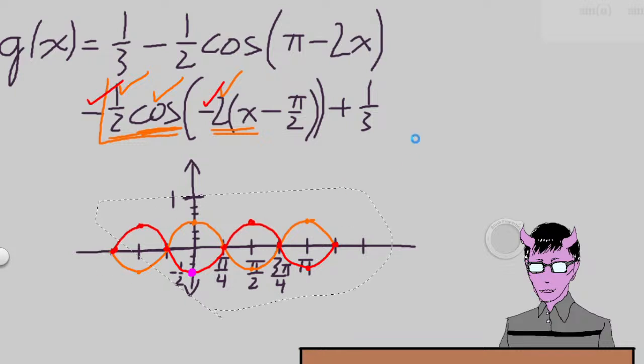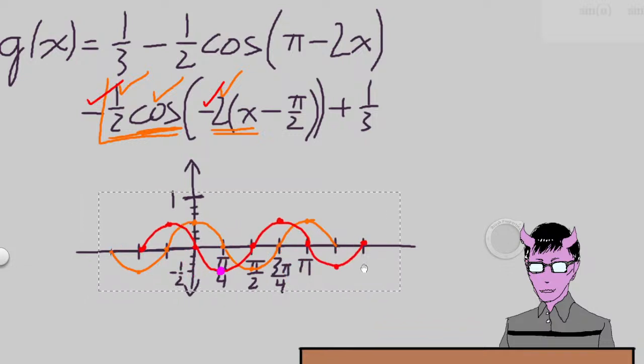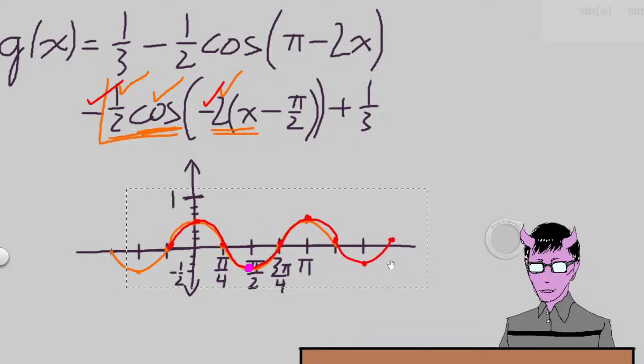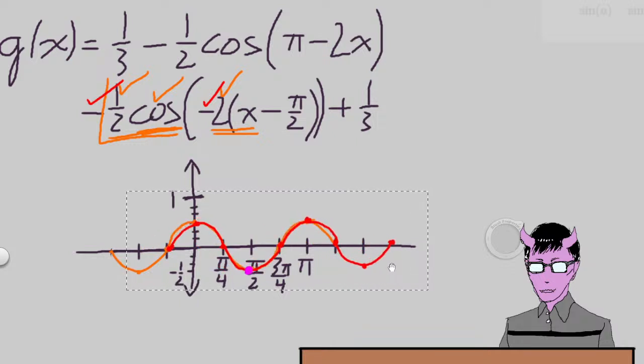So we're going to take this entire graph, shift it 2 hash mark spaces to the right. So that's 1 hash mark space. Hey, that's a perfect overlap. 2 spaces to the right. And we have considered the pi over 2 spaces to the right. Now let's take this 1/3 into consideration.